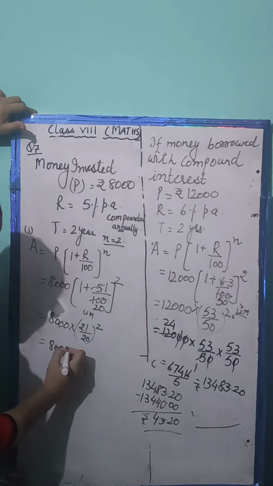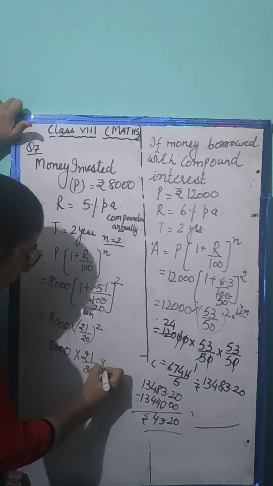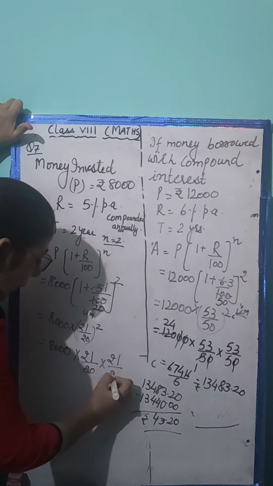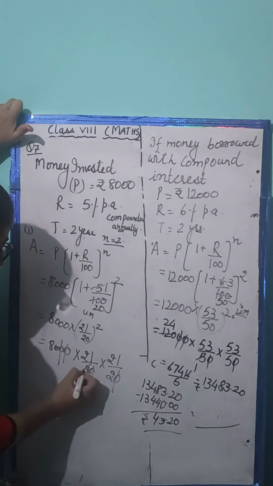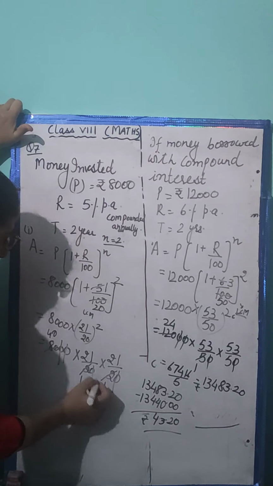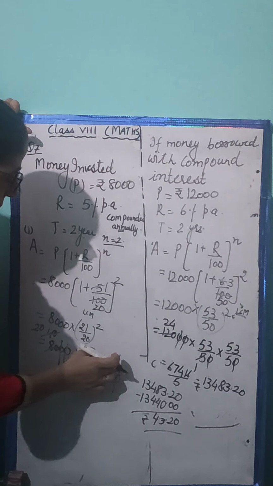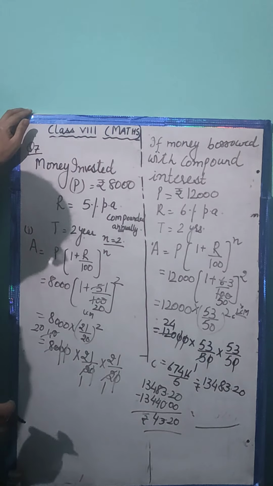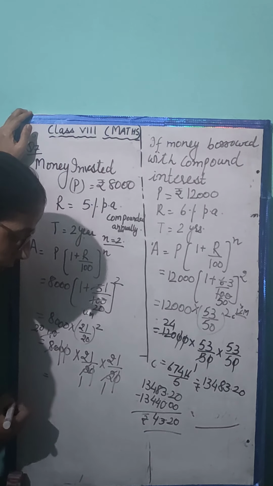8,000 into 21 by 20, 21 by 20. 2 zeros cancel. In the table of 2, it comes in 40. Again in the table of 2, it comes at 20. 21 into 21 is 441. 441 when multiplied with 20.